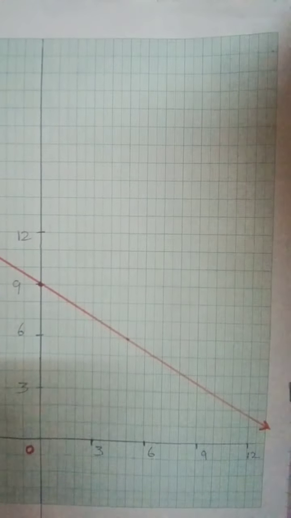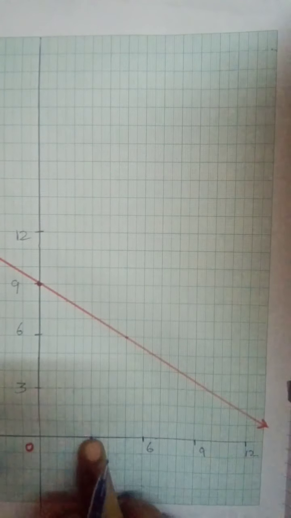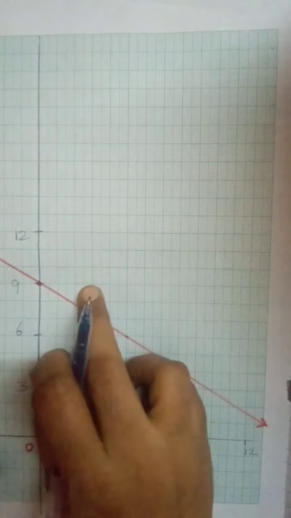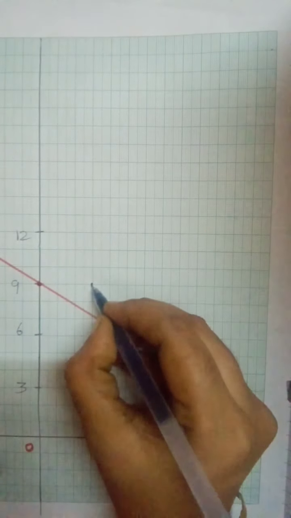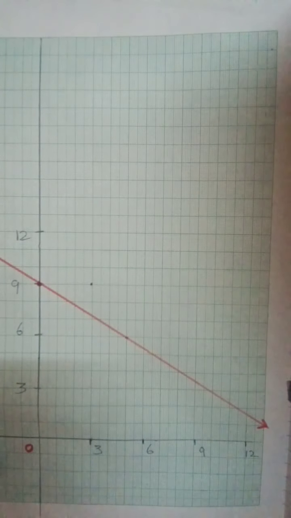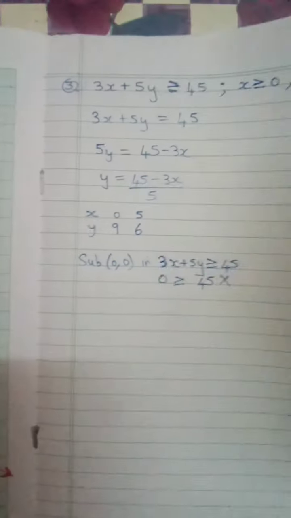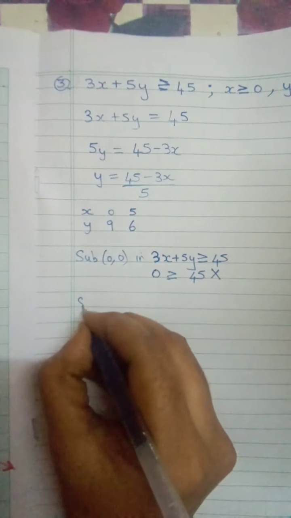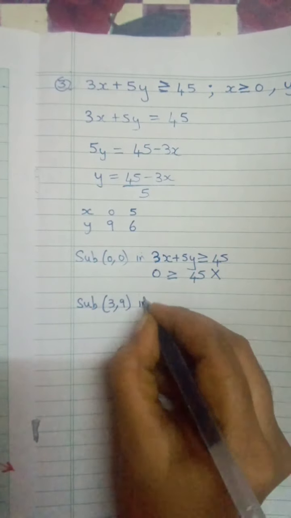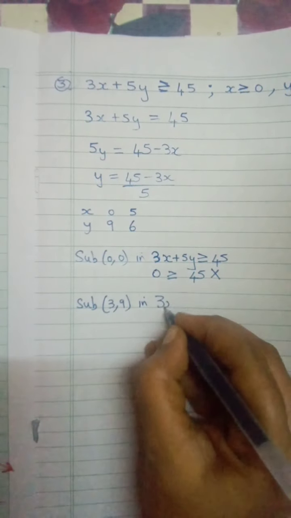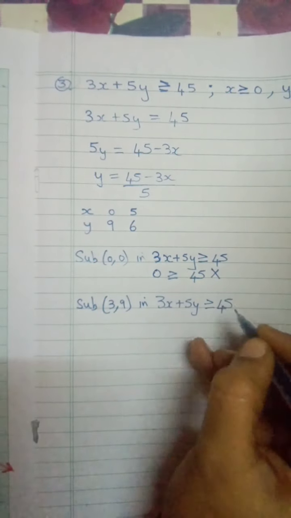Now let me select a point above the line. So let me select a point, say 3 comma 9. You can see 3 comma 9 lies above the line. So let me see whether 3 comma 9 satisfies the inequation. So substitute 3 comma 9 in 3x plus 5y greater than or equal to 45.